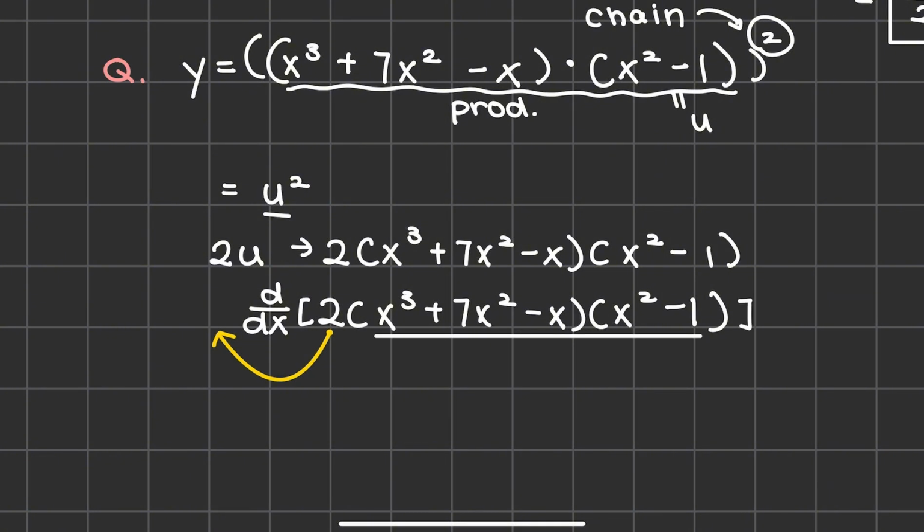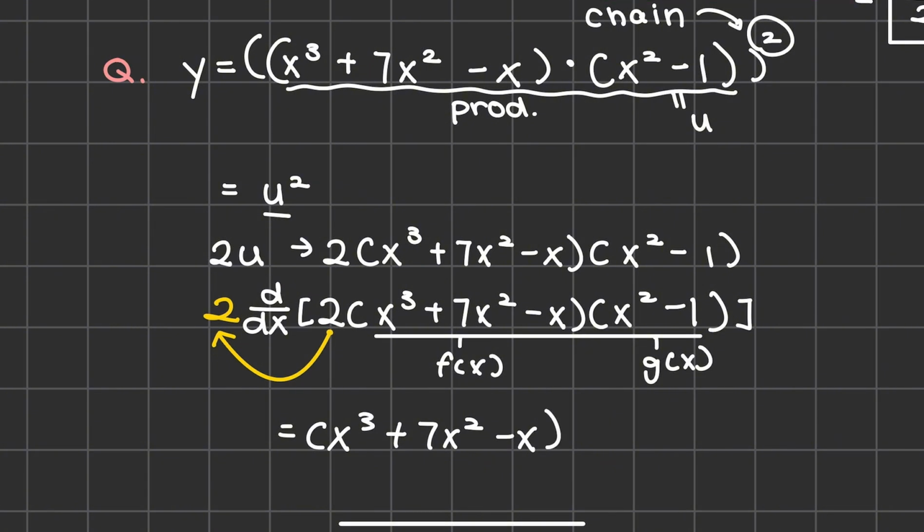The product rule on these two functions would be equal to f of x multiplied by the derivative of g of x, assuming that this is f of x and this is g of x, plus the derivative of f of x times g of x. Let's do that same thing. So f of x, x cubed plus 7x squared minus x, multiplied by the derivative of the second function, which will be equal to 2x.